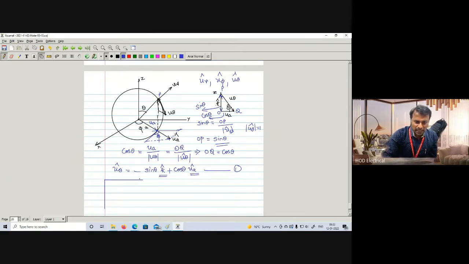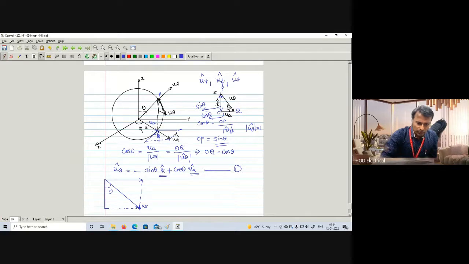This is the parallelogram we have drawn, and this is the unit vector along the direction of A. So this will be UA. So this angle will be theta. This angle will be phi.